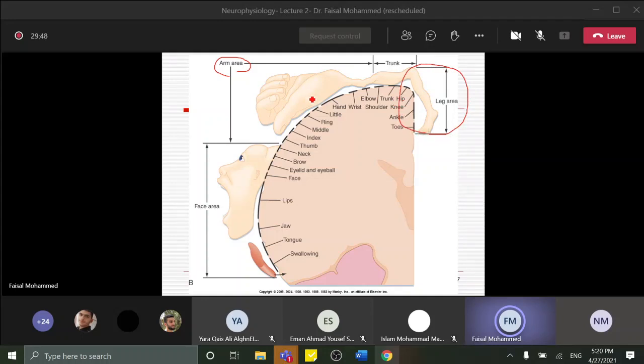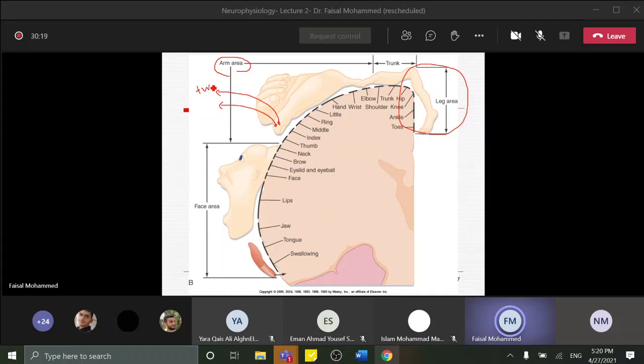Why? Because in the hand there is a very high number of receptors in a small area. That is why, when we talked in the first year about two-point discrimination, suppose there are two stimuli here, they will hit two receptors and you feel them as two points.